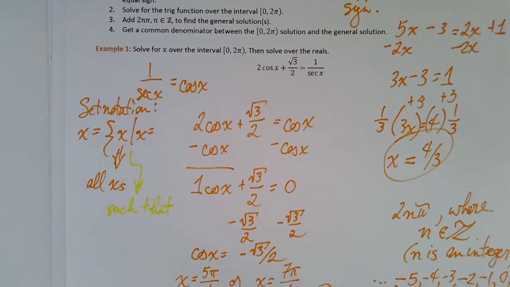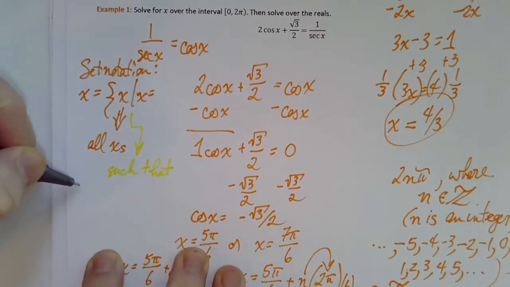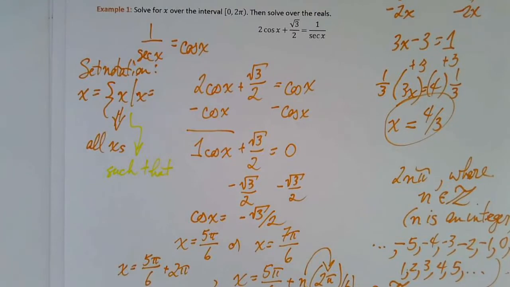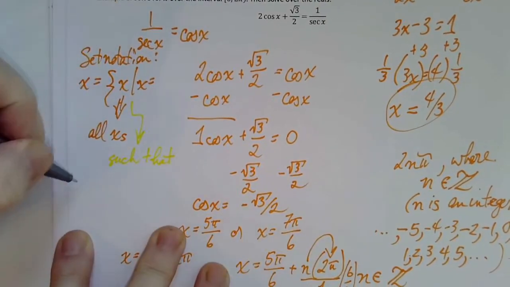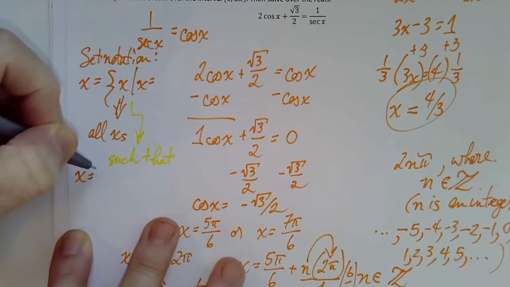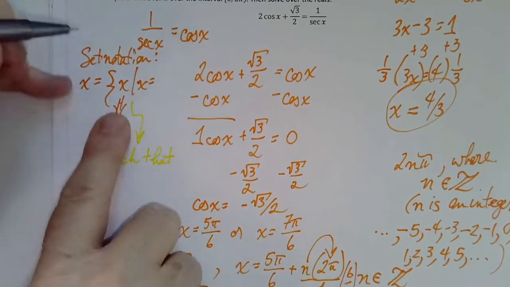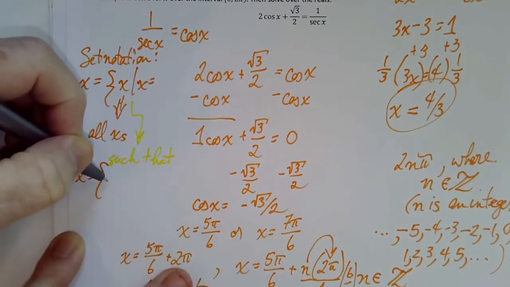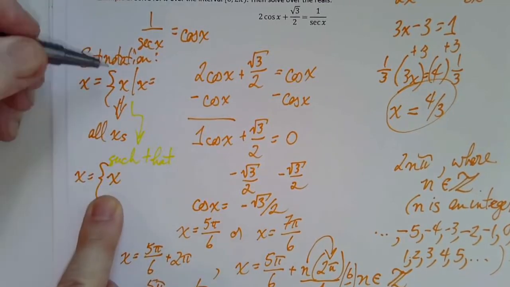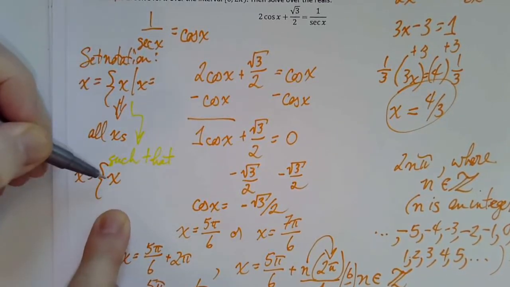So here's how we want to write this solution. We want to write it as x is equal to, with set notation you always use braces, this curly kind of thing, and I put the variable in the front. This says this is what I'm talking about.